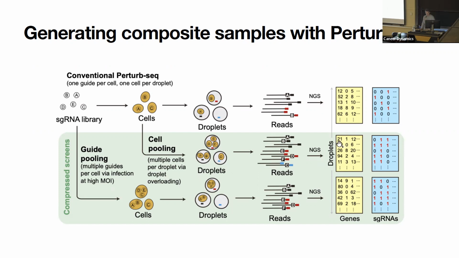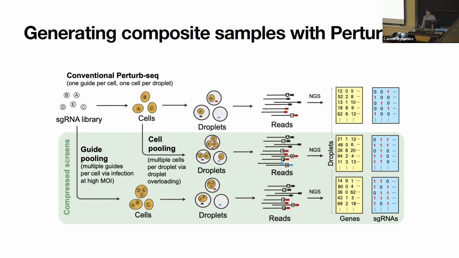So how many molecules of RNA did we detect for each individual gene? And then we also detect which guide RNAs were present in each droplet. So we don't know which guide RNA went with which RNA molecule. At this point, we're not deconvolving to say these RNA molecules came from this cell and were associated with that guide, and those came from that one. That's not the mathematical setup. The mathematical setup is we want to generate these composite samples.